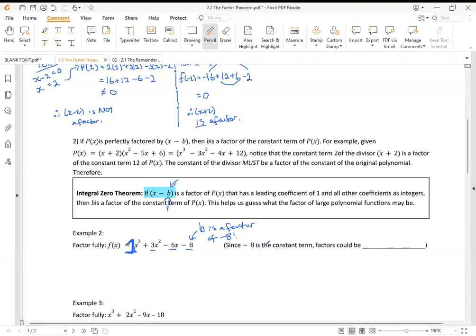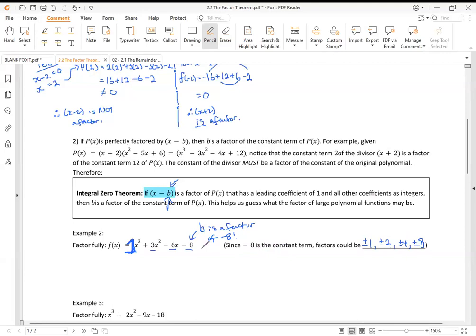Negative 4 and 2. More. So start with the easiest number. Negative 8. Plus minus 1, which will get you the plus minus 8. And plus minus 2, which gives you plus minus 4. I like to go outside in like that so that I know I'm not missing any factors.